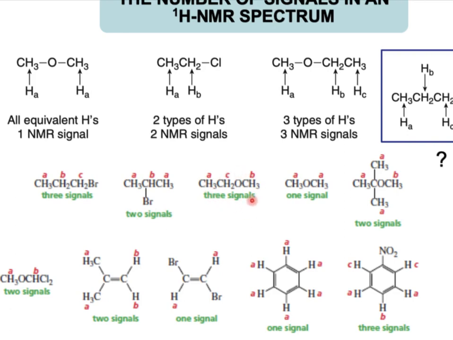This one also has three signals: one, two, and three. This one has one signal, the same as this one. This compound has two signals. Why?